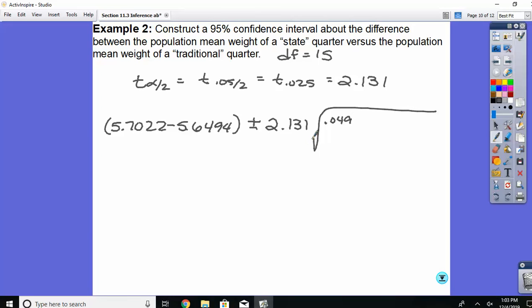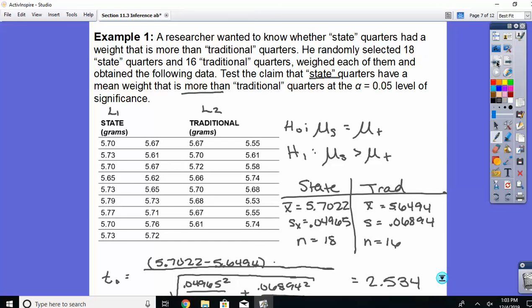What was it? Negative 6.0. 6.5 is what I have.